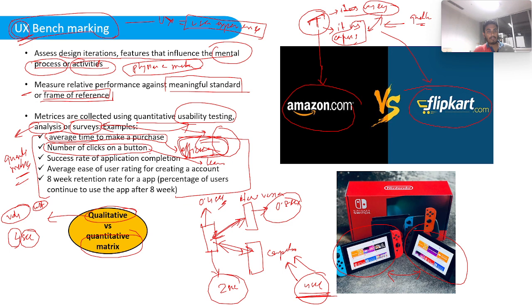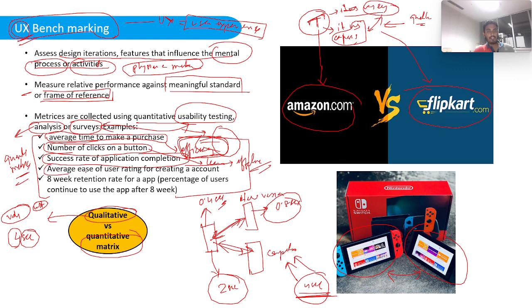Then success rate of task completion: if the person can finish that buying action, that means the interface is very effective and giving good results. So effectiveness of that interface can be measured by this quantitative metric.